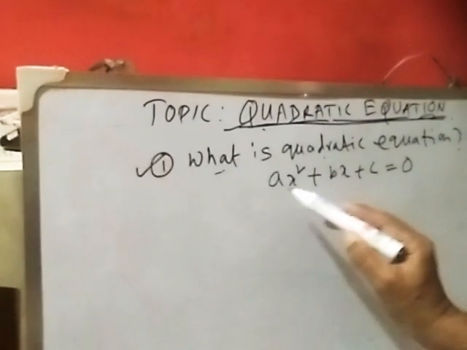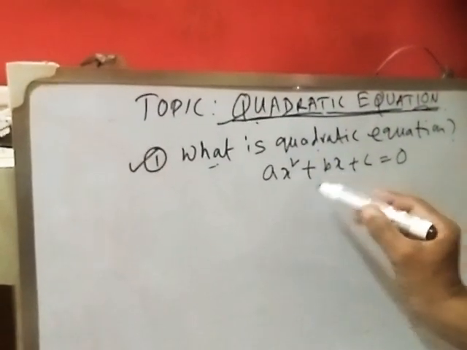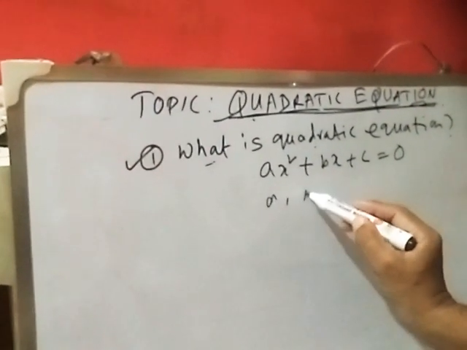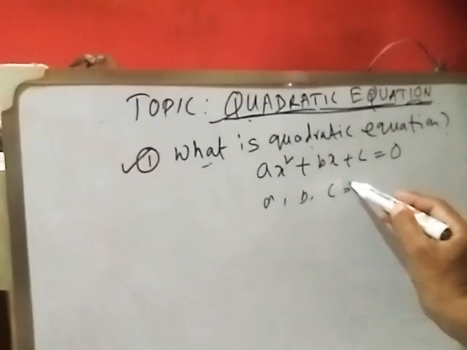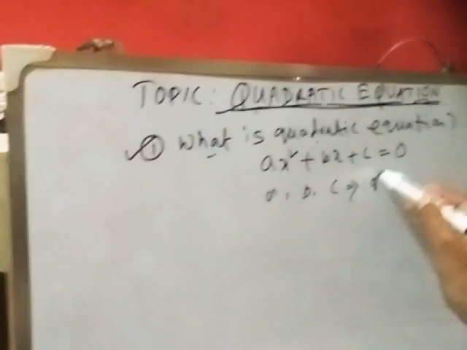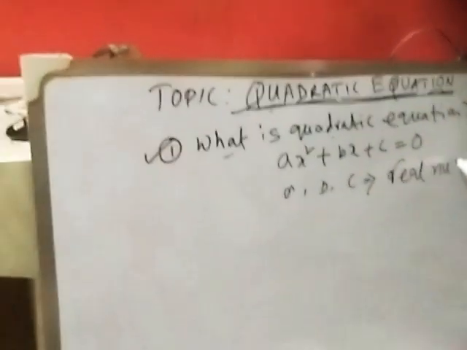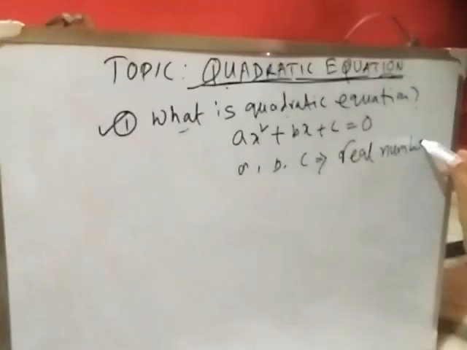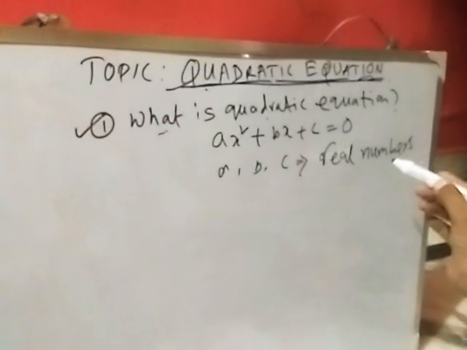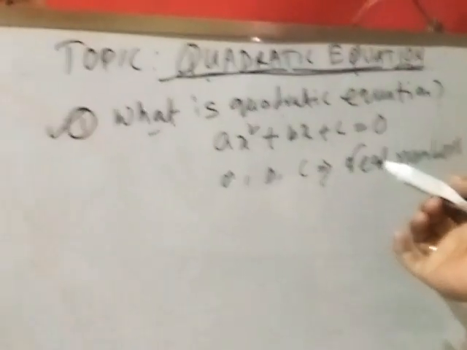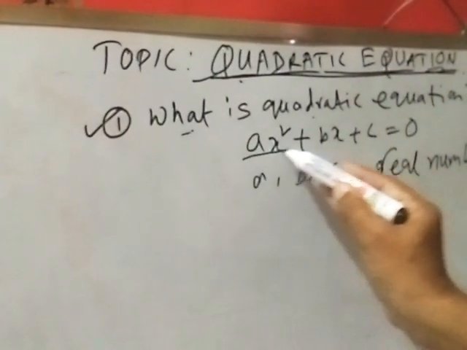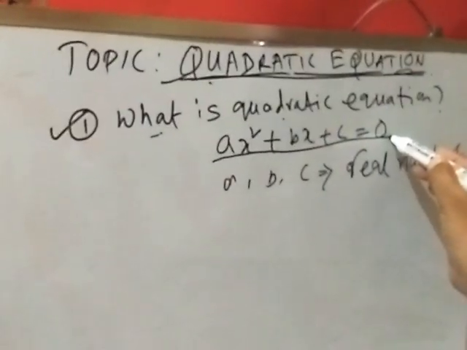This is the equation, where a, b and c, these three are known as real numbers. What number? Real numbers. Have you understood? Okay, very good. So this is known as quadratic equation.